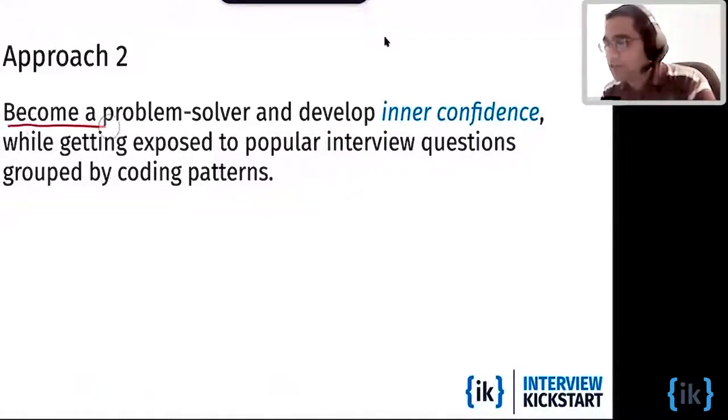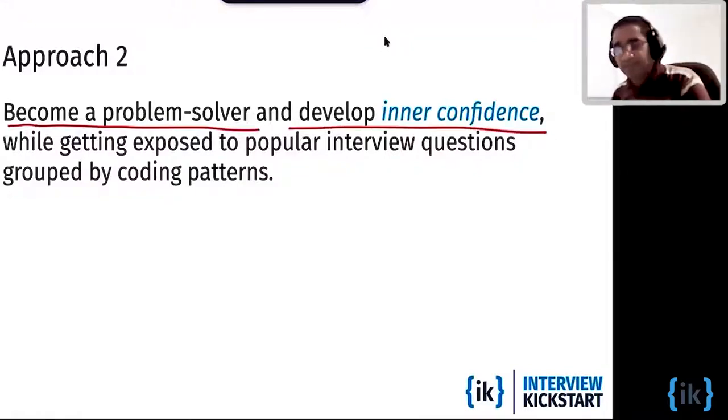We want to teach you how to become a problem solver so that you develop an inner confidence. This inner confidence is the antidote for anxiety in an interview. Once you learn repeatedly to solve questions you have not seen before in your preparation, you develop this inner confidence, and when you walk into the interview, you know that you have solved many such questions before, right, throughout your prep.